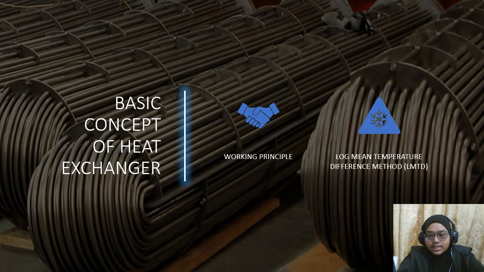In the first place, I'm going to explain the basic concept of a heat exchanger, its working principle, and the log mean temperature difference method, which is well known as LMTD.